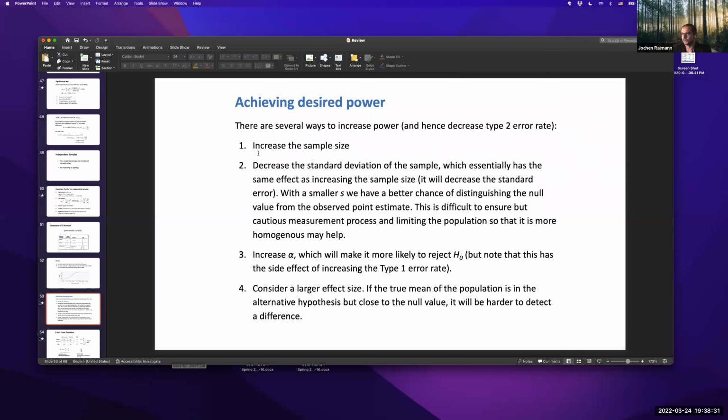As said before, you can achieve this power by increasing the sample size, or decreasing the standard deviation of the sample, which is a little harder to do. Then you can increase the alpha, which you don't want to do because you also increase your type 1 error rate, and that is what you accept as your type 1 error rate. Or you can increase your effect size. That's also sometimes hard to do because that implies that you need to increase the intensity of your intervention, which in many cases, as you can imagine, you can't really do.